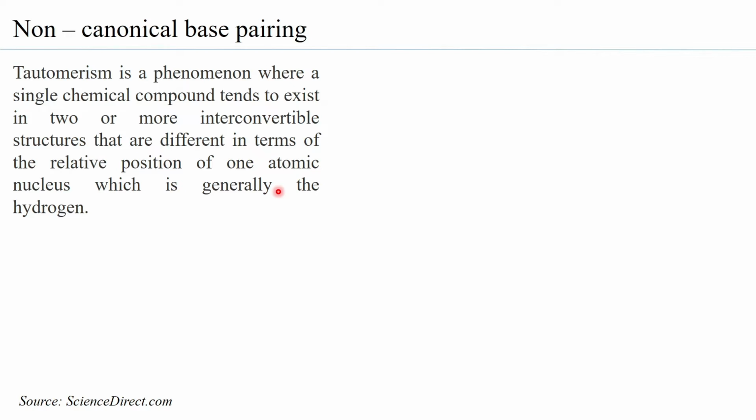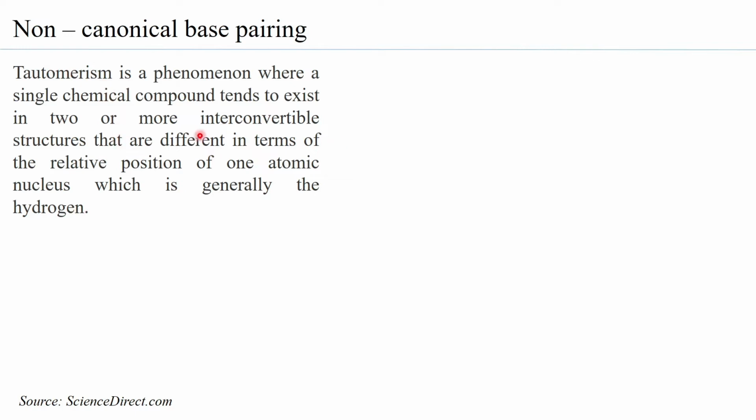Most single chemical compounds can exist in two or more interconvertible structures, and they differ basically in the relative position of one atomic nucleus, which is generally the hydrogen. So we are talking about the protons basically. That is what is called tautomerism.